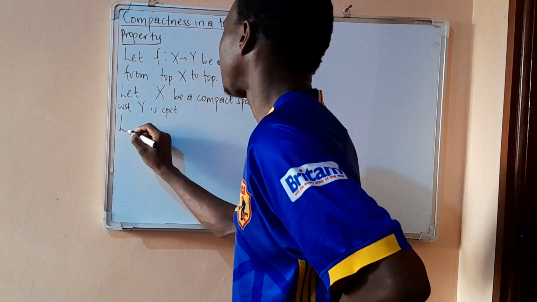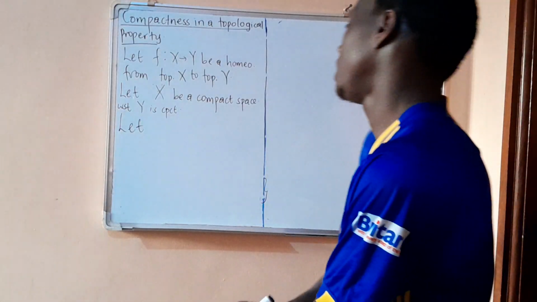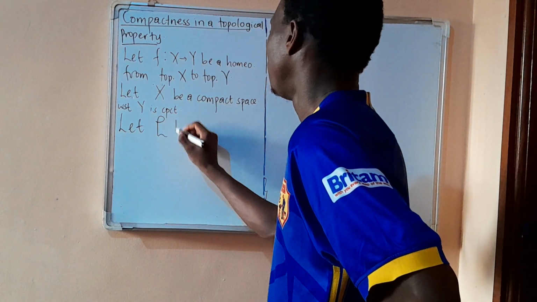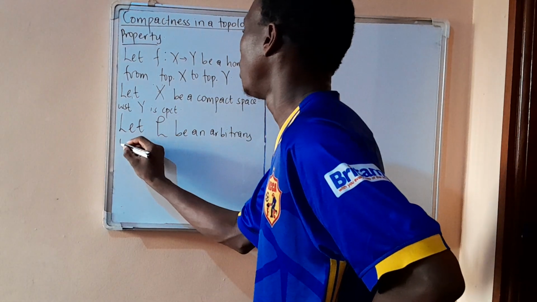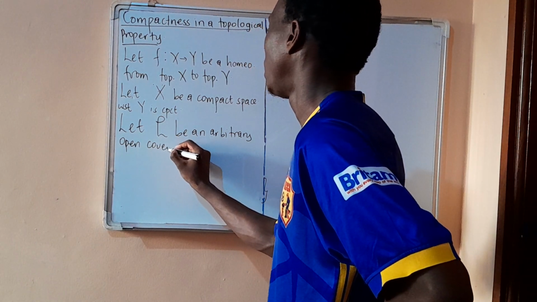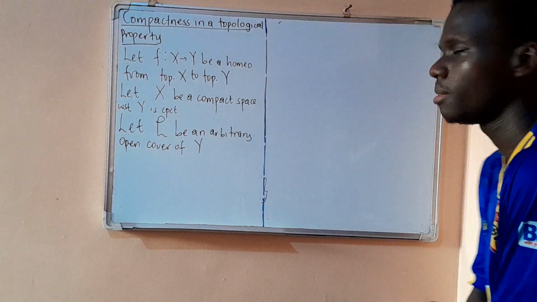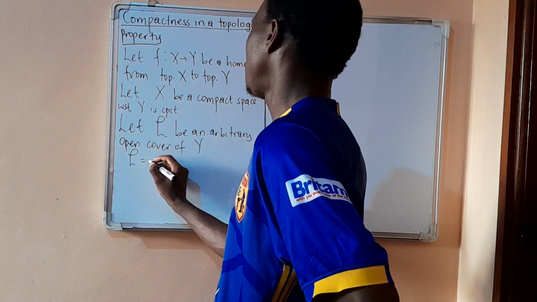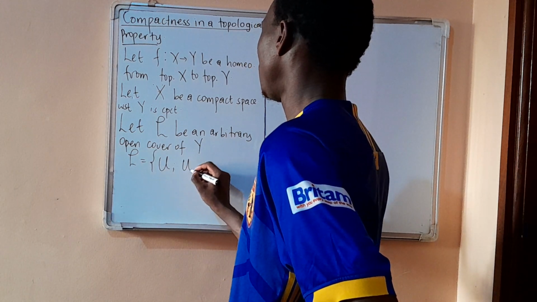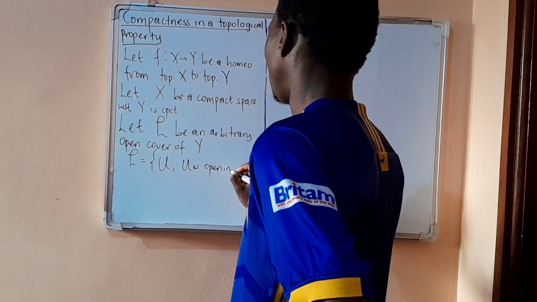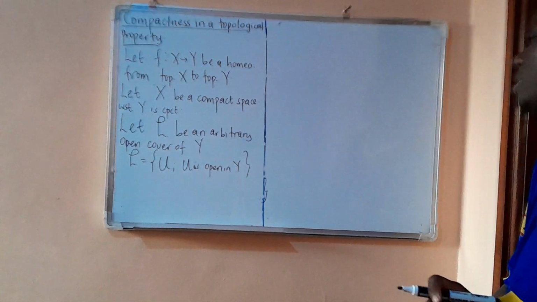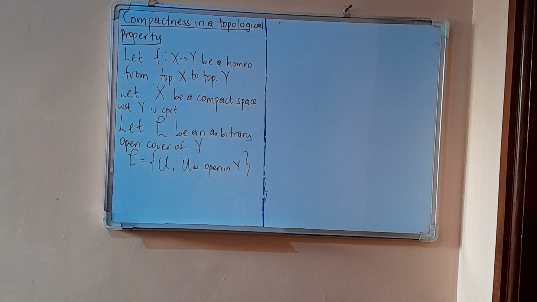So let this be an arbitrary open cover of Y, consisting of open sets U, such that U is open in Y. And the union of that collection is the whole of Y.